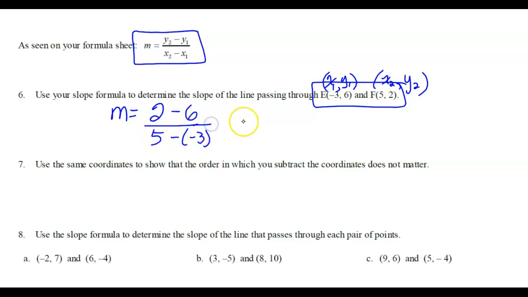The biggest mistake students make is with integers. So it's not 5 minus 3, it's 5 minus negative 3 in this case. So that's negative 4 over 8, which reduces to negative 1/2. And always reduce it.